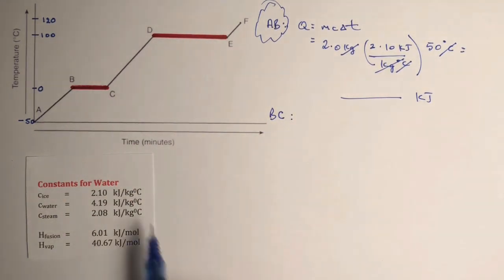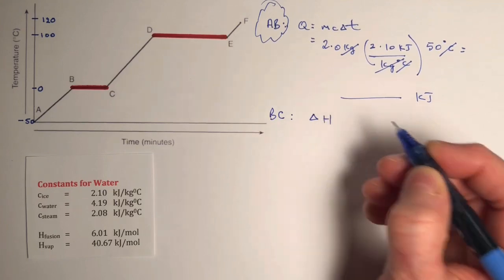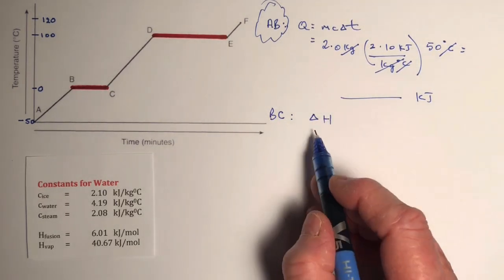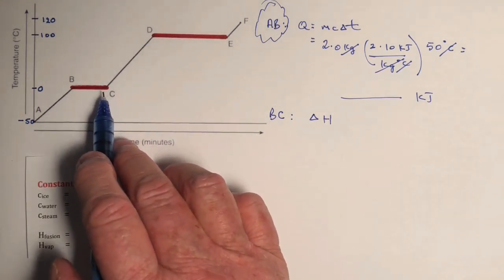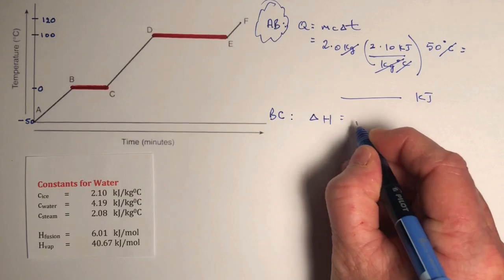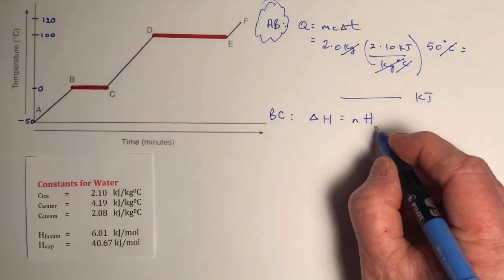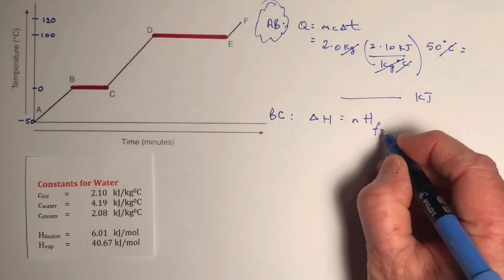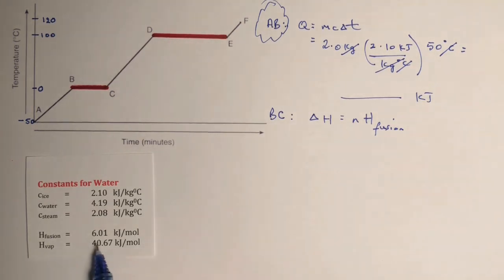Now here's the thing, there's no temperature change, so you can't use Q is equal to MC delta T. What we can do instead is we can look at using a very specific relationship which basically says that the total energy change involved in the melting of 2 kilograms worth of ice is equal to the number of moles of ice that we're using multiplied by a constant known as the molar enthalpy of fusion. And that, my friends, is also a constant, and it's right there. Look at that. It's 6.01, and it's expressed in kilojoules per mole.